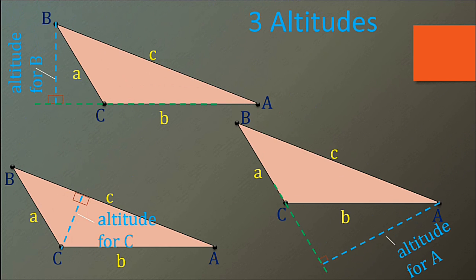The same triangle is shown 3 times. The altitude from each vertex to the opposite side is shown by the dashed blue line. Notice that in this case, 2 of the altitudes are outside of the triangle. However, there is no requirement for this to be the case, as one of them is inside the triangle.